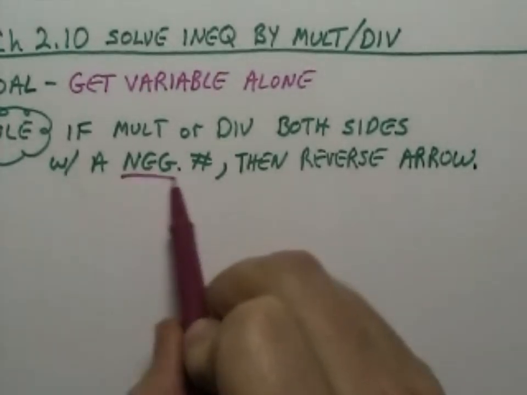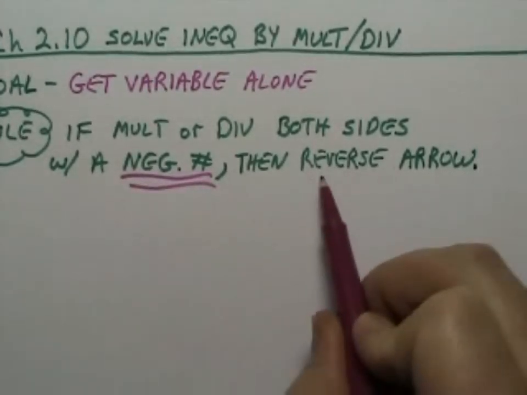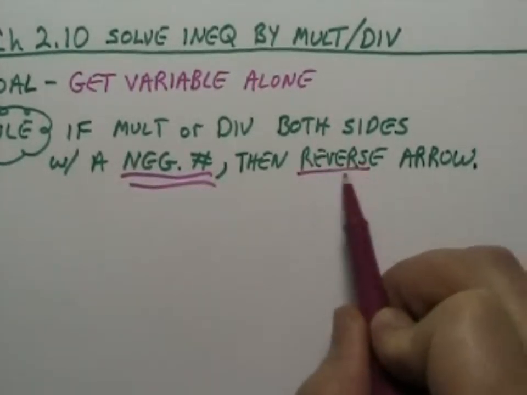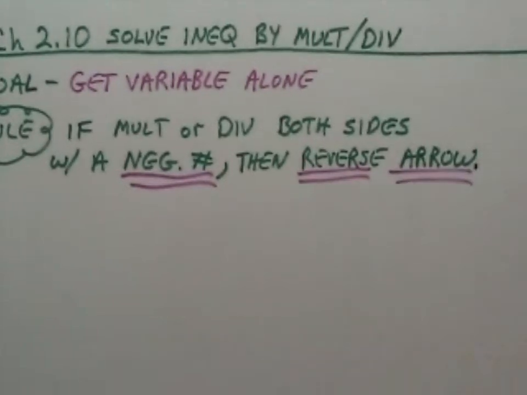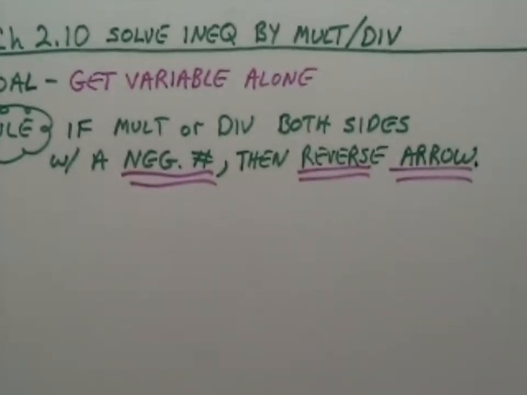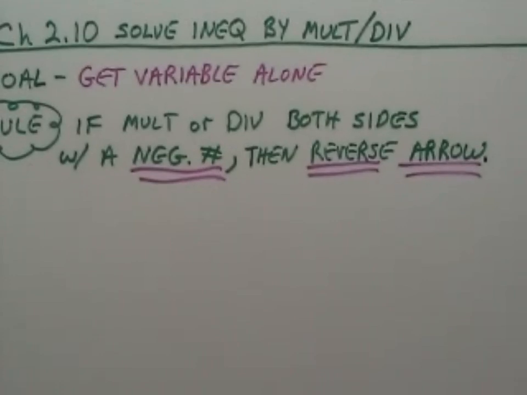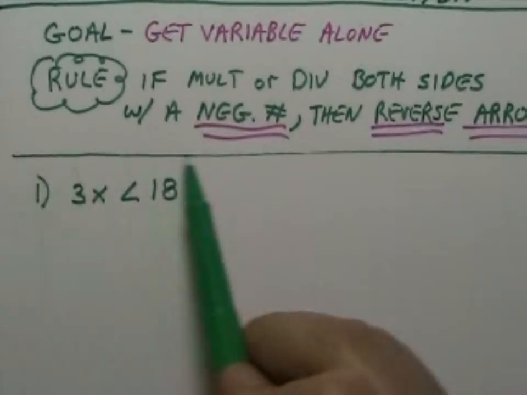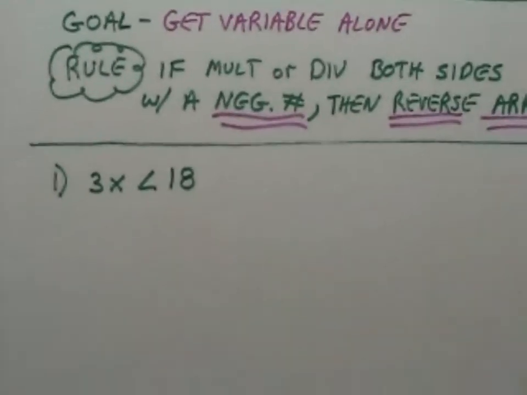But it has to be a negative number. Only with a negative number do you go ahead and reverse the arrow. Okay, I'm just going to draw a line across there, and now we're going to start with our examples.